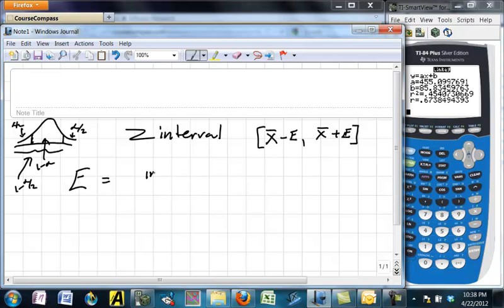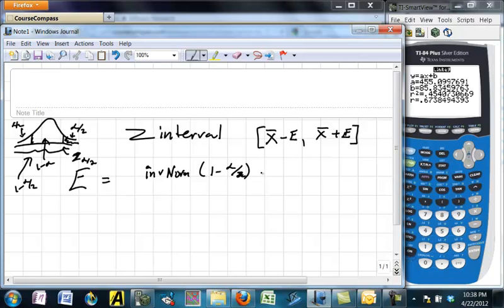So we basically do an inverse normal of 1 minus alpha over 2. That'll find this z value, what the book calls z sub alpha over 2. That's what it's usually called. Alpha over 2 is to the right here. The area to the left, though, is 1 minus alpha over 2. So that inverse normal will give you that. And then that will tell you how many standard deviations you are above the mean.